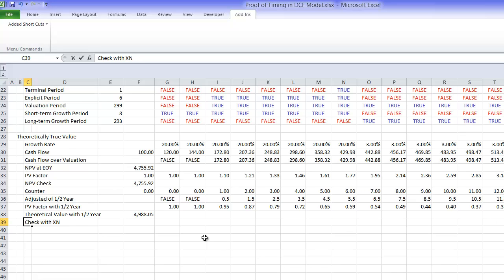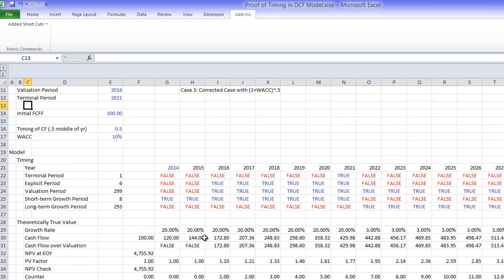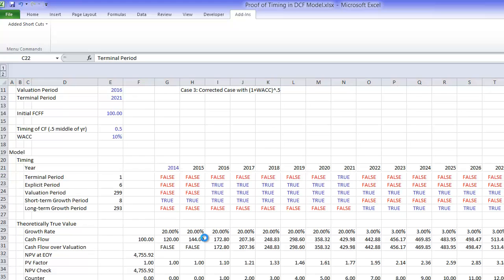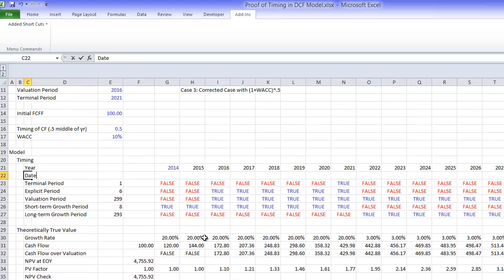XNPV. You know, some people are true believers in all the NPV formulas. This is a little bit tricky. What we want to do here is make a date of cash flow.